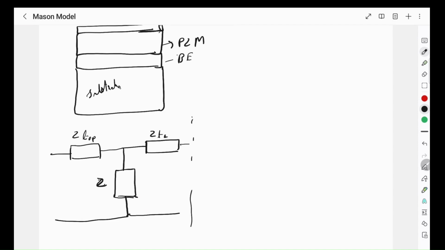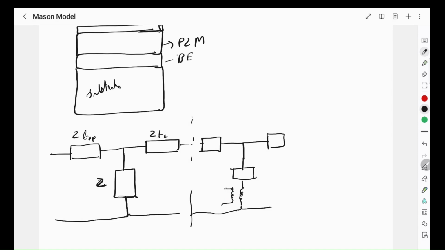Then for the piezo I will also have a similar thing. What extra will come here is the electrical conversion, so I have to put the transformer and write it here.